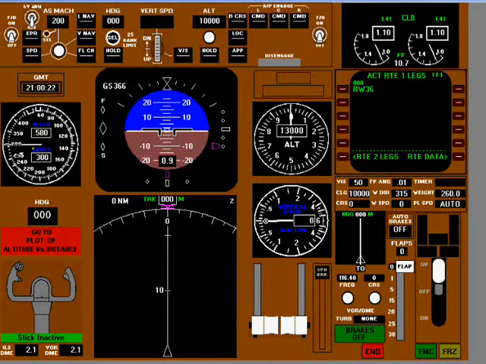We will next begin a descent to 240 knots and a vertical speed of 1,000 feet per minute. Since both flight path and airspeed are changing together, we will set both pitch attitude and power simultaneously.